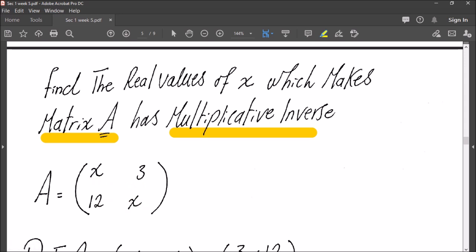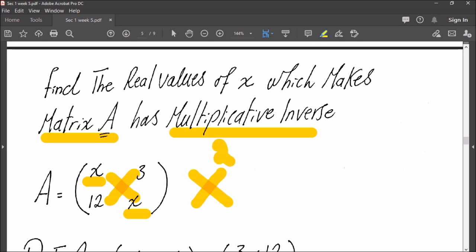I need to find the real values of x to make A have a multiplicative inverse. So how do we calculate it? First we get the determinant: x multiplied by x minus 3 multiplied by 12. x multiplied by x is x power 2.